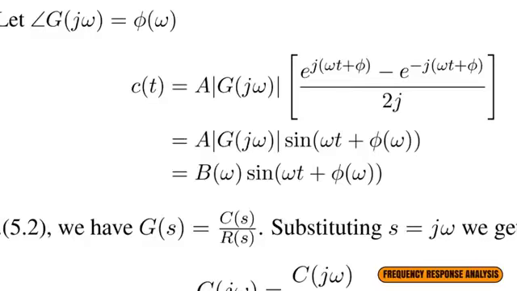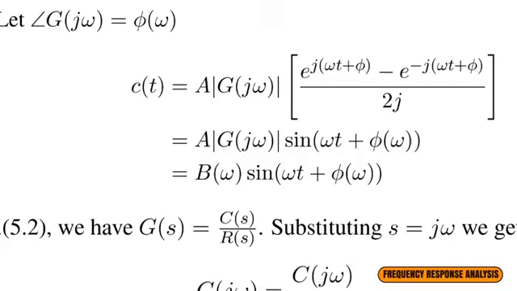It means the output signal has some magnitude that is a function of omega. Already we have seen that in frequency response, magnitude changes with respect to frequency. That's why it is not constant; magnitude is a function of omega. The output magnitude is a function of omega, multiplied by sin omega t plus some phase shift, which is also a function of omega.